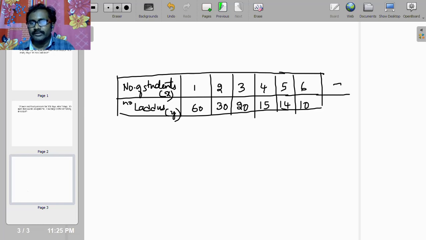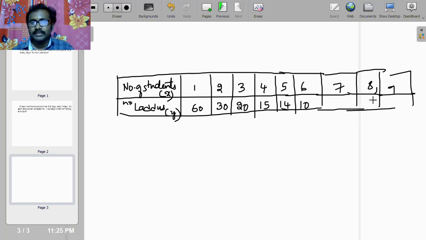If it is 7 students, how many laddus can each receive here? So it depends upon the number of laddus. 7 students we can share equally like this, 8 students we can share equally.